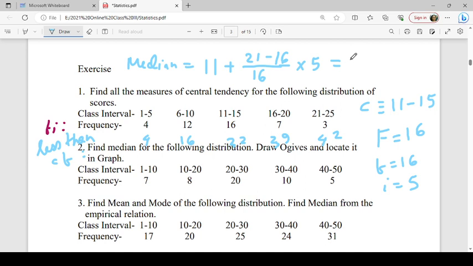So it is 11 plus 25 by 16. So this is the median.